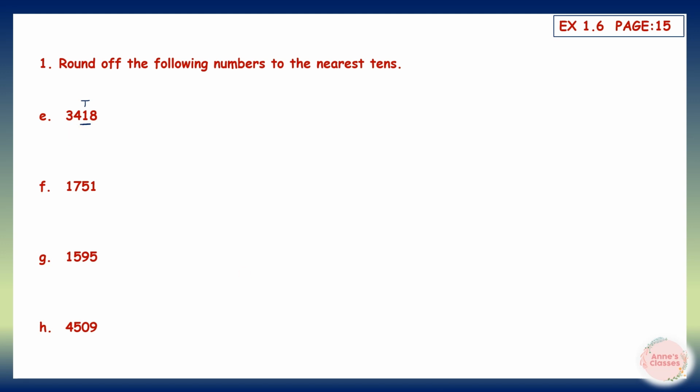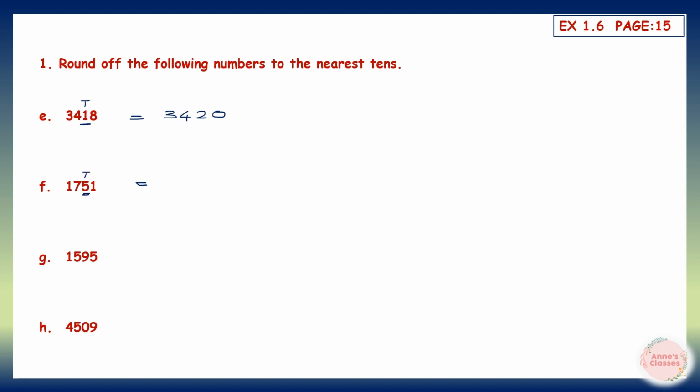So let's write everything else as it is. 3 will remain the same, 4, 1 will now become 2. And in the place of 8, we put a 0. So what is our number now? 3420. We have rounded off 3418.